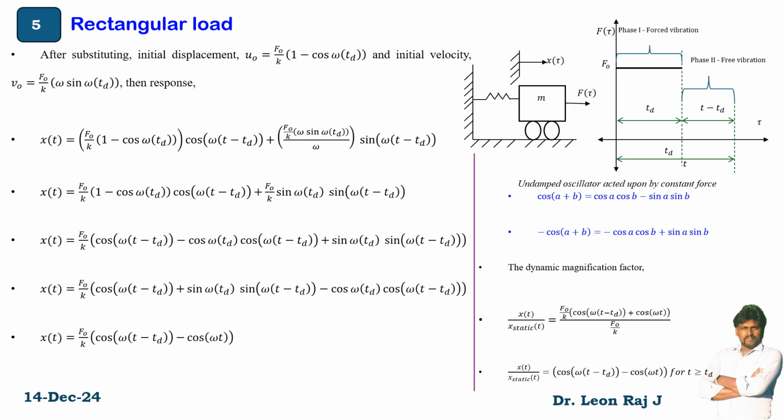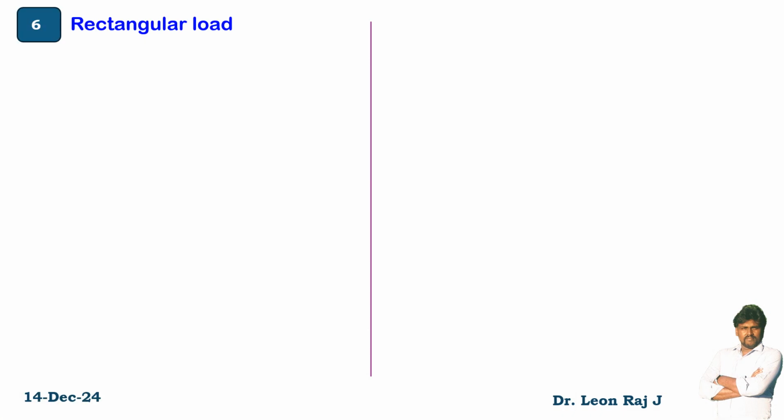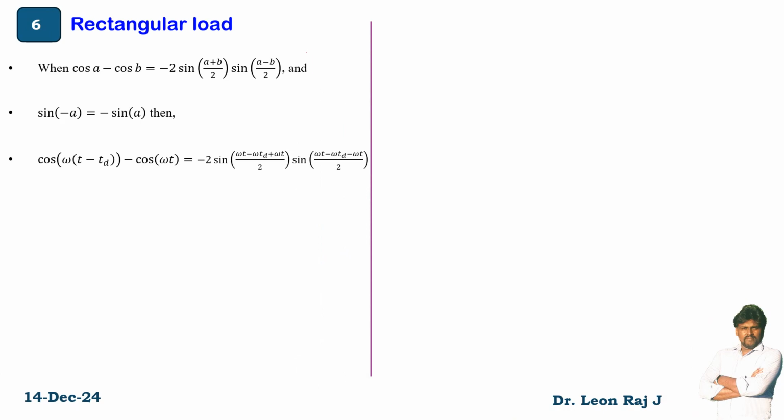The response is f0 by k cos omega t minus td minus cos omega t. So the response is minus cos omega t. This is the mathematical formula: cos A minus cos B equal to minus 2 sine A plus B by 2 sine A minus B by 2, and sine minus A equal to minus sine A.